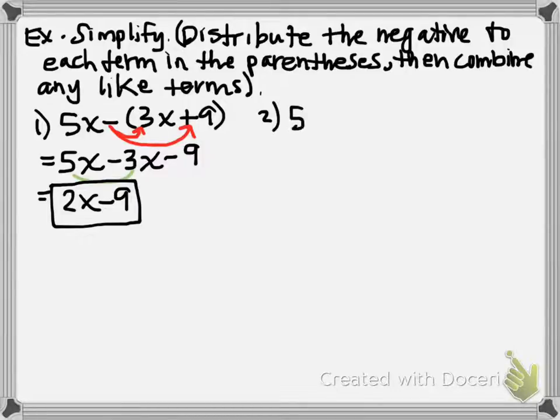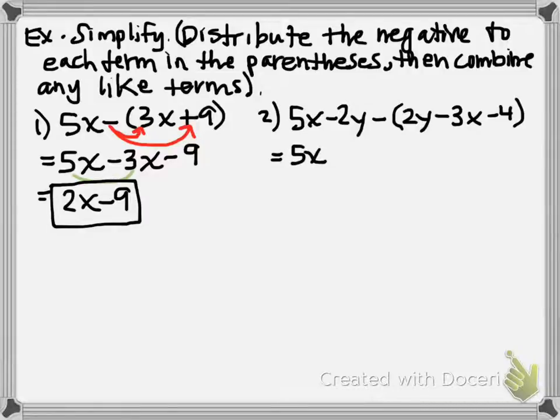So this one we have 5x minus 2y minus the quantity 2y minus 3x minus 4. Okay? Now, there's nothing I can do with the 5x or the minus 2y because there's nothing to distribute there. It's not until I get to here that I'm going to distribute negatives.